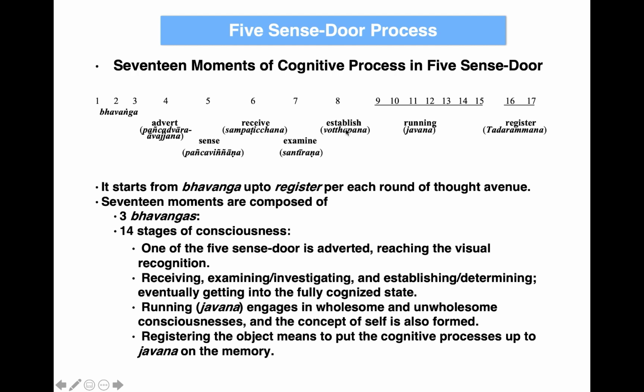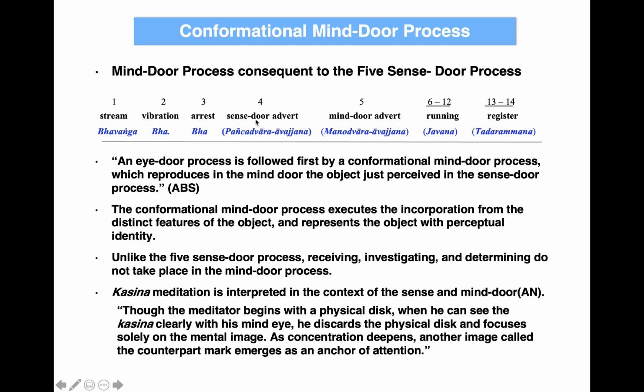Why? Because these were already experienced through five sense door process. Therefore, mind door process is just, once the man sees that object, it just moves to mind door advert and running and register.